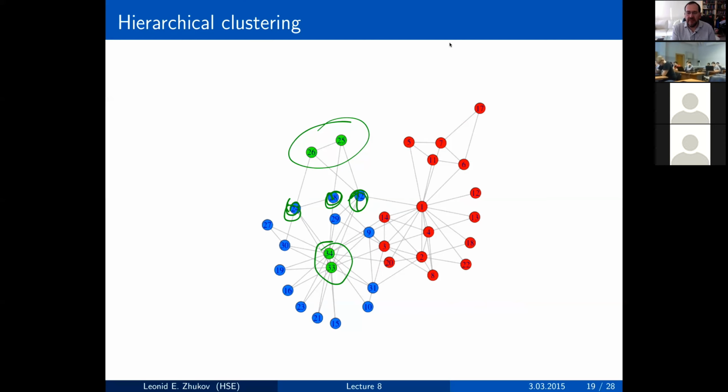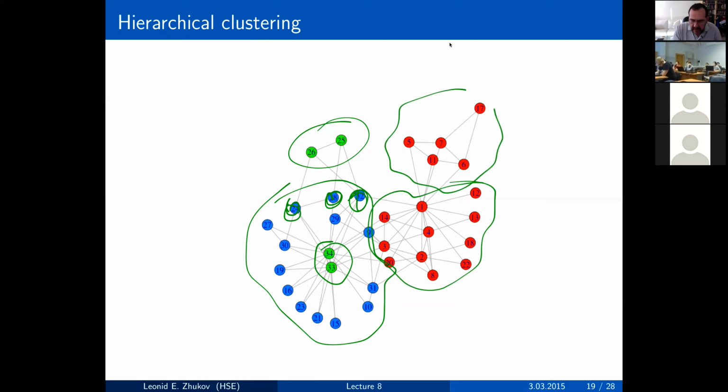The club was split in 2 pieces, but there is still some sort of social interaction happening inside, and there are still subclusters or subgroups of people who are much more connected between themselves than with the rest of the club. In this sense, partitioning into more clusters might make sense. I would say, okay, here are these guys, and here are probably these guys, and probably these guys.